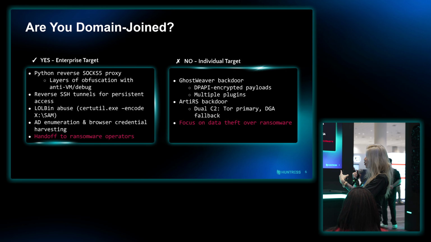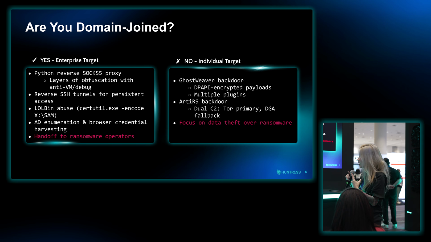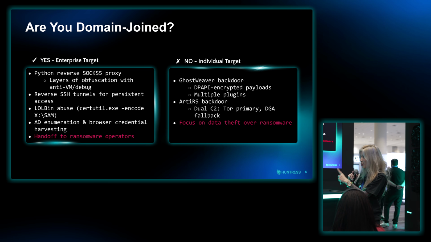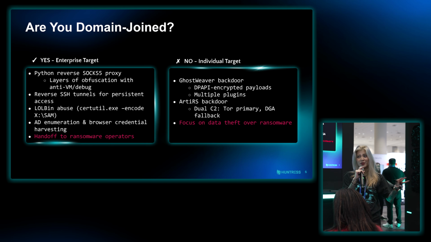The RTRS backdoor is what we're tracking internally, and we haven't talked about it publicly, but it's being used by Kangtuk and SocGholish threat actors, and that's why I think they're working together, because they deploy the same backdoors and run the same reconnaissance commands. What RTRS does is it has dual C2 channels, right? The first one is Tor. They're using Tor as the primary channel. So if you see consensus data and key stores under the temp folder, it means your endpoint is probably running a Tor client.